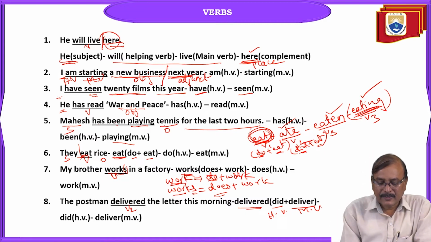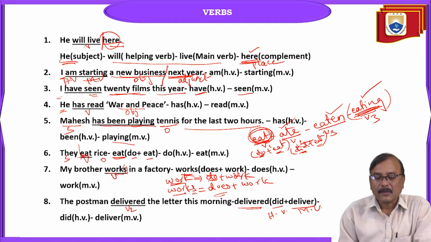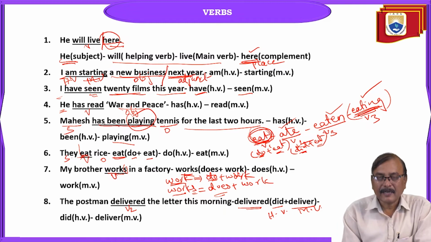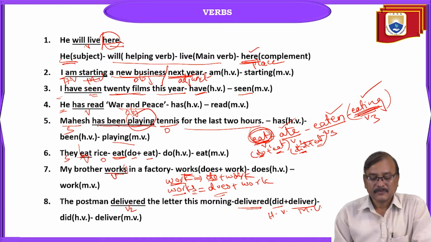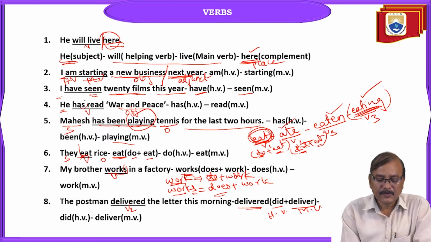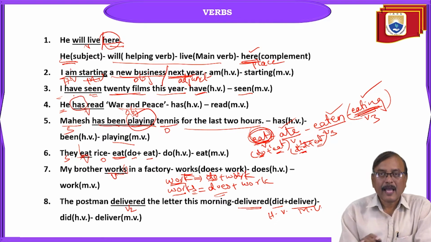In this one we are using "Mahesh has been playing." So "playing" is the main verb and it is preceded by "has been". Here we are using only "has", here we are using "have", here we are using "am".